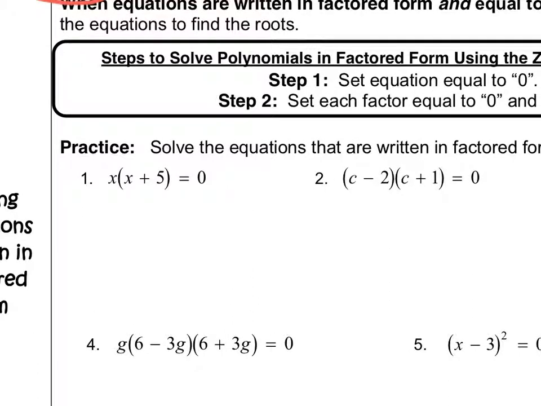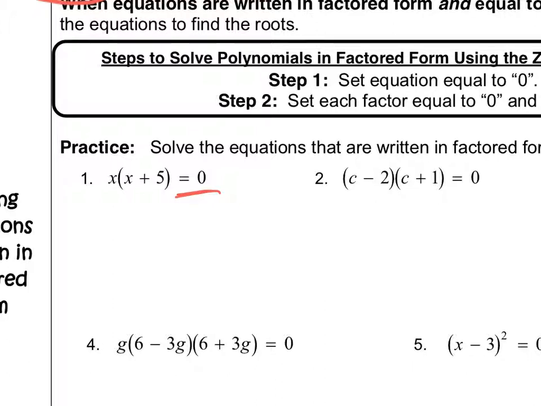So all we do if we want to get a solution is first we make sure it is in factored form. Factored form has to be set equal to 0, and it has to be two factors multiplied or three factors multiplied together. So these are in factored form.